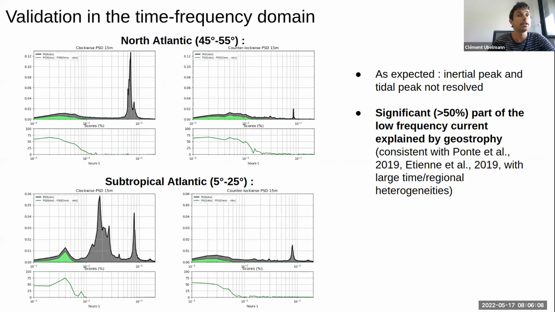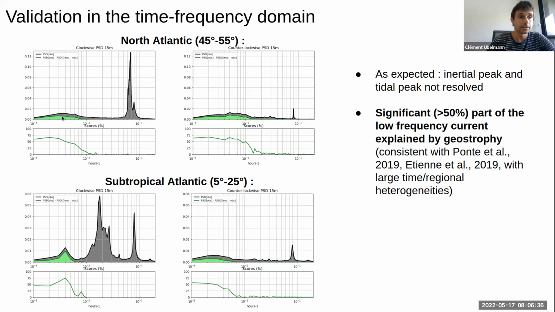Here it is run in a North Atlantic box at the top, for the clockwise and counterclockwise directions, and subtropical at the bottom. You can clearly see the big inertial peak that is shifted to a lower frequency in the subtropical. Of course, this peak and the tidal peaks as well are not resolved, as expected.